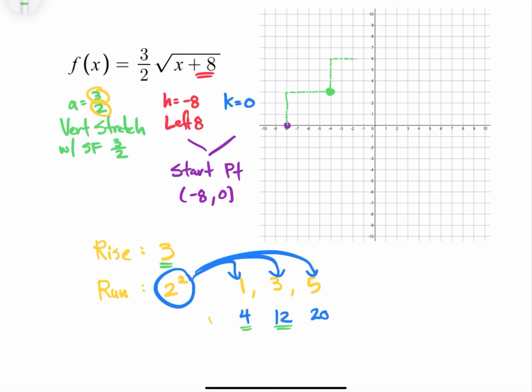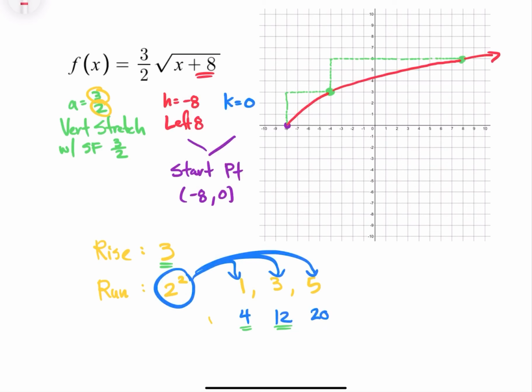So we got 1, 2, 3, 4, 5, 6, 7, 8, 9, 10, 11, 12. All right, so there's our next point. And obviously, we're not going to fit in that 20. And, well, we go ahead and we just connect them. And this is what our radical, our square root function is going to look like when we have an a value that is 3 over 2.